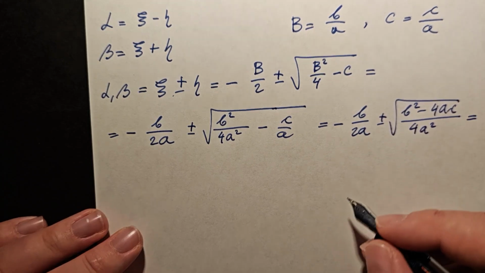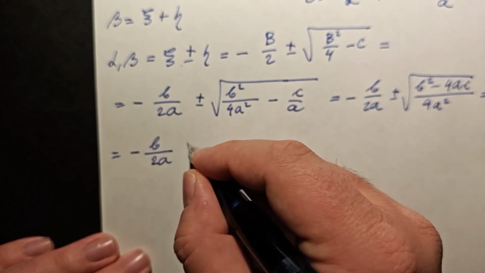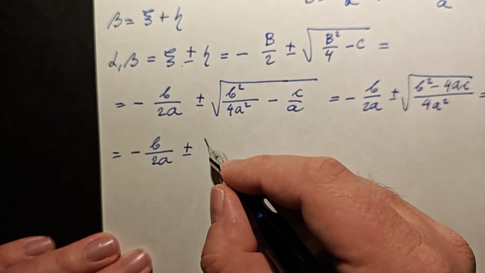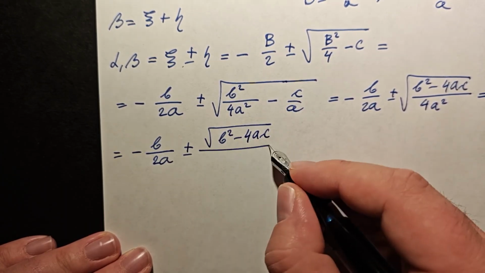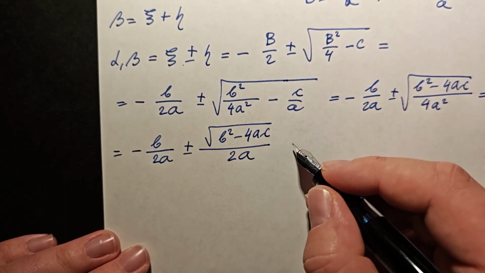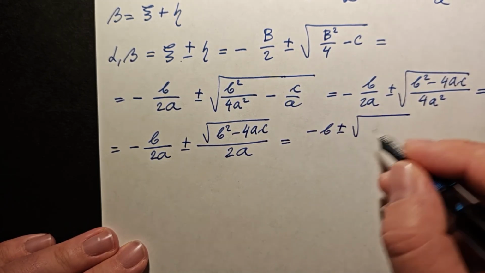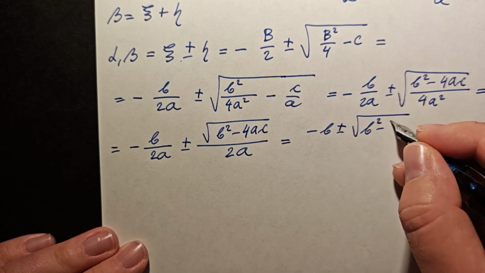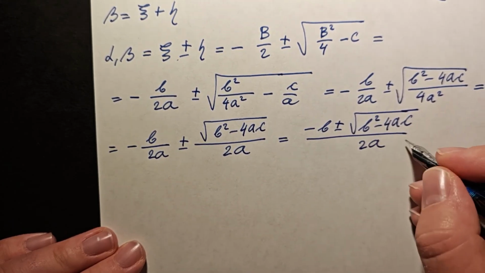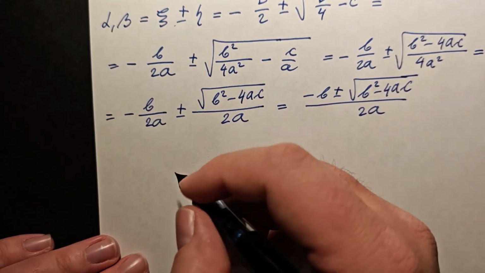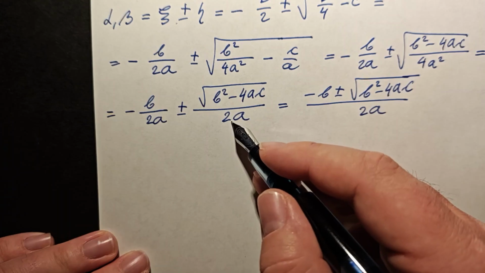And that is equal to negative b over 2a plus or minus the square root of b squared minus 4ac over 2a. So this is equal to negative b plus or minus the square root of b squared minus 4ac divided by 2a. A little note here. We have here in the denominator of this fraction 2a.